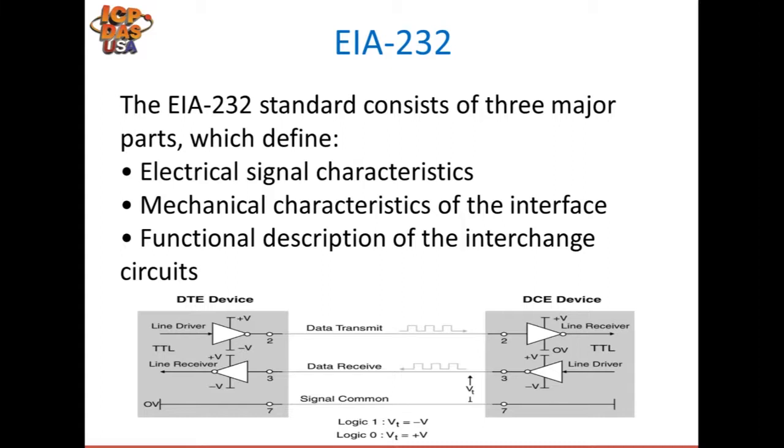The common data transmission rates used for RS-232 are 110, 300, 600, 1200, 2400, 4800, 9600, and 19200 baud per second.